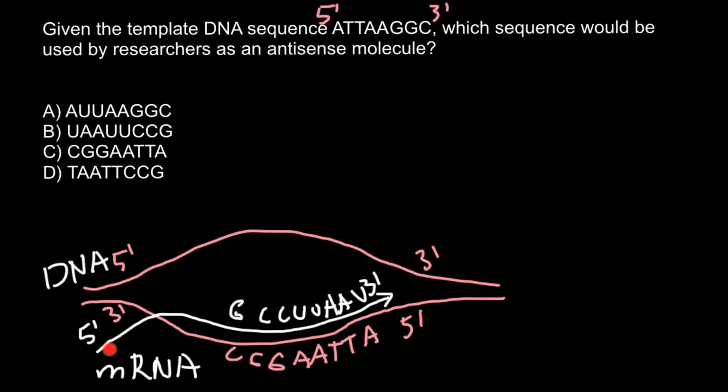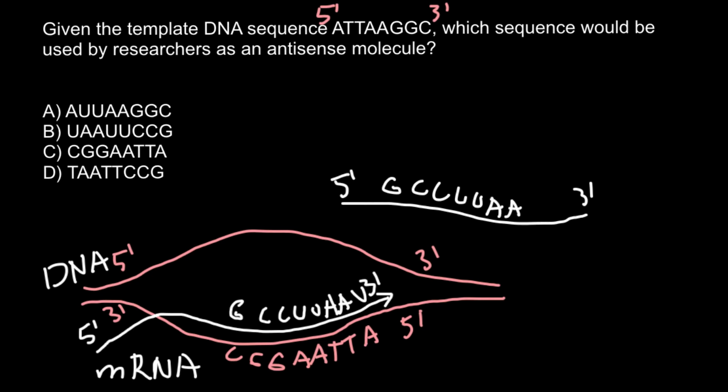Let's now imagine that this messenger RNA is dissociated from template strand of the DNA, and now we have this messenger RNA here, 5' end here, 3' end here, and the sequence is G, C, C, U, U, A, and U. And now, in order to cancel this messenger RNA, we need another RNA that is going to be complementary to this messenger RNA.